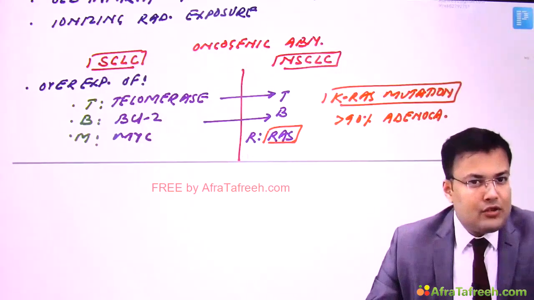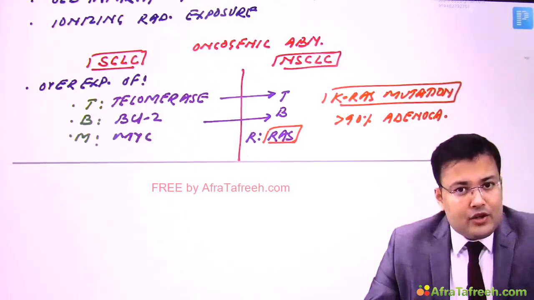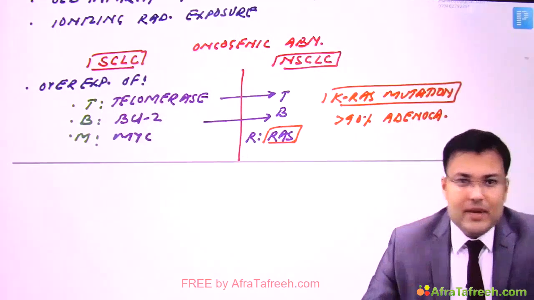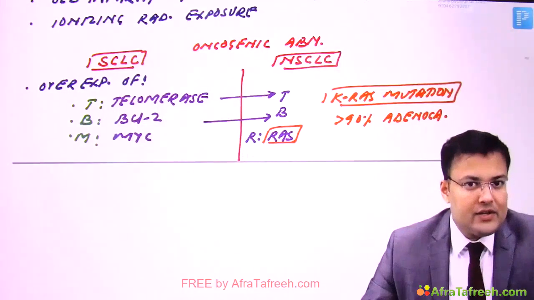Now there are 4 terms which are asked: what are central tumors, what are peripheral tumors, what are the tumors which are abutting the chest wall, and what are the apical tumors in relation to carcinoma lung. So see the definition first.